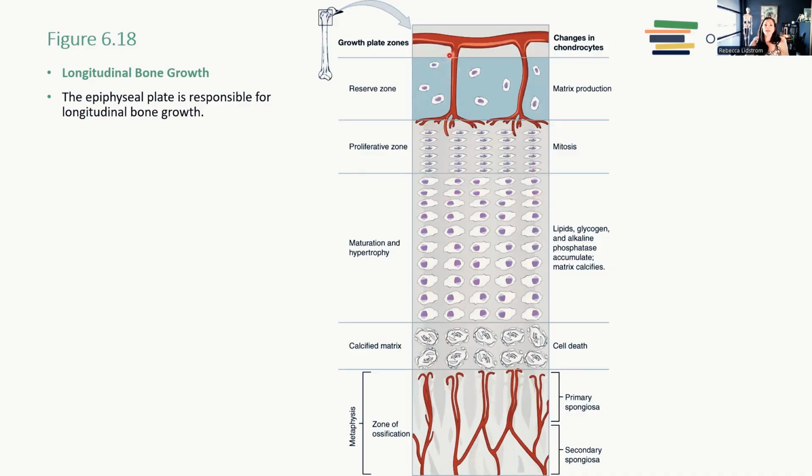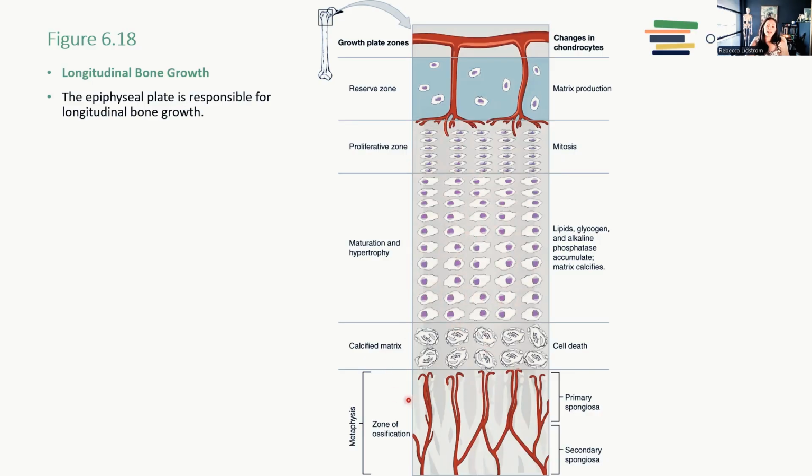So you can see the growth plate. We see matrix production here, and we see the blood supply getting everything we need. Proliferation zone, we're creating more and more cells. So this is where mitosis is occurring. And this is where maturation is going to happen, and we're accumulating things like glycogen and lipids and phosphatases in this area, and we're starting to get calcification.